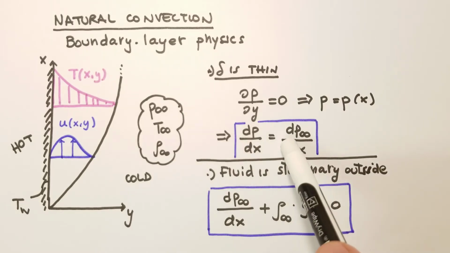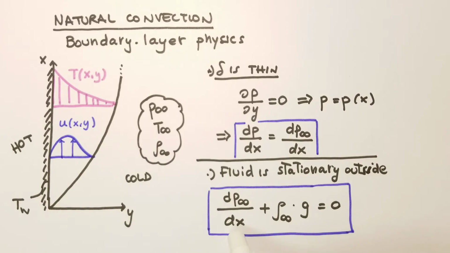And that's equal to dp infinity/dx. We also assume that the fluid outside the boundary layer is stationary, so we can have a relationship between the pressure gradient and rho infinity times the gravity. So it's a static balance of the fluid outside of the boundary layer.